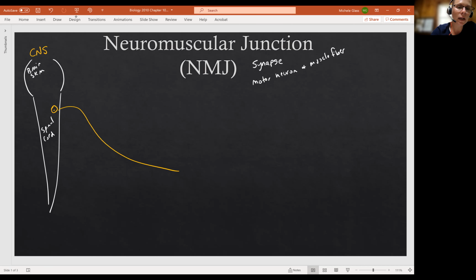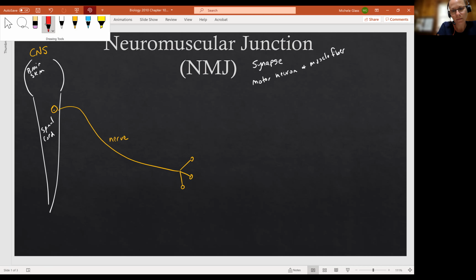And it's extending out through nerves and synapsing onto a skeletal muscle fiber.